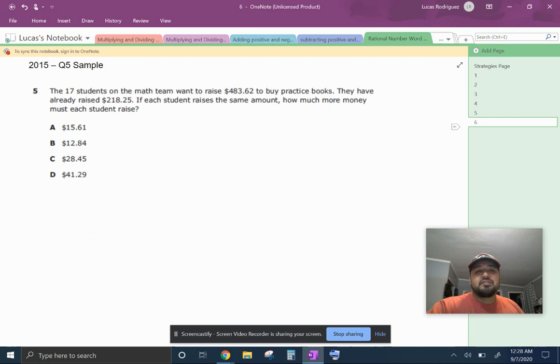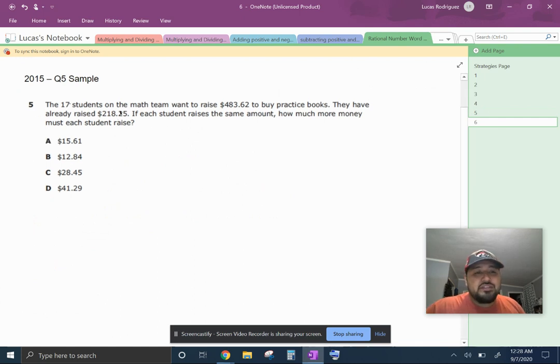Now, number 6, last but not least. It says 17 students on the math team want to raise this much money. So this is a want to raise that much money to buy practice books. They have already raised $218.25. So this is have.